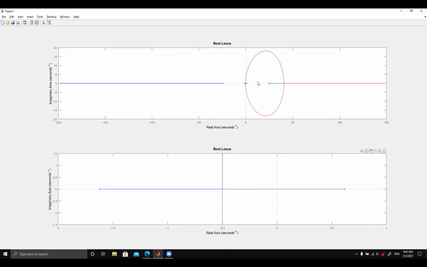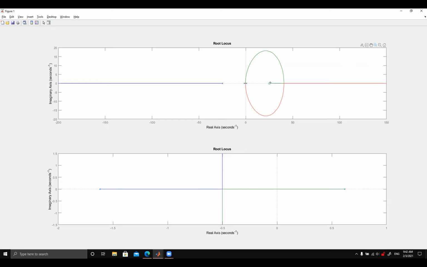Okay, so without this 0 and this pole, the root on the right half plane will just move towards the pole in the left half plane, and then they will meet here at point negative half, and then both of them will go vertically to infinity.